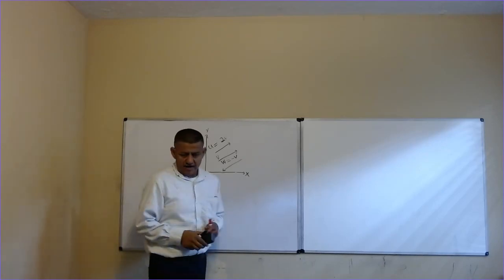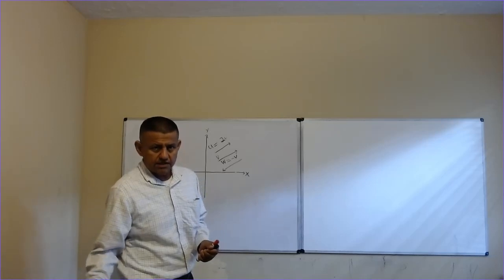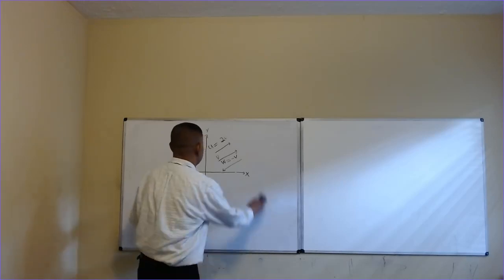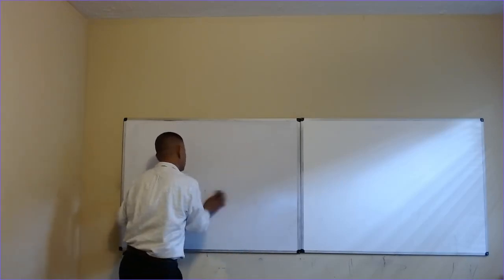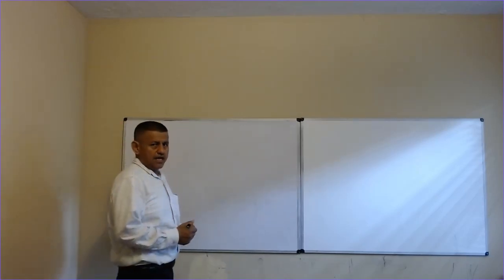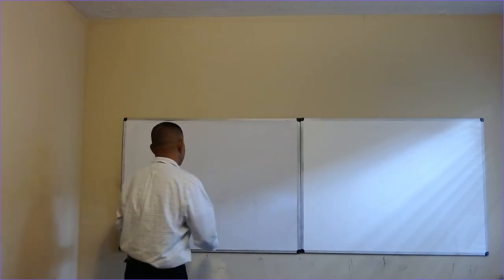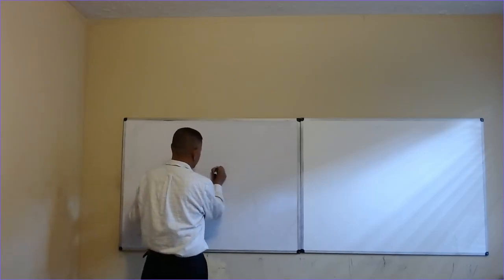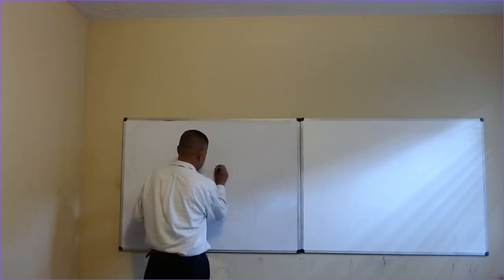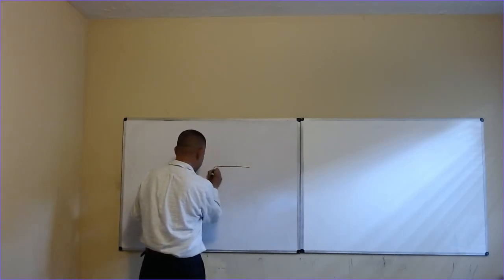Now, let's see if we have a three-dimensional type. This is two-dimensional. So in three-dimensional, we get something like this, and then something like this.